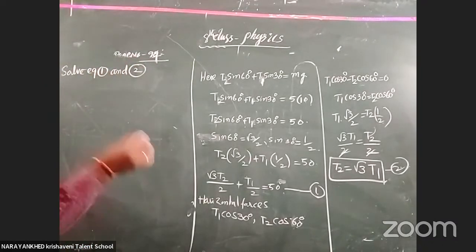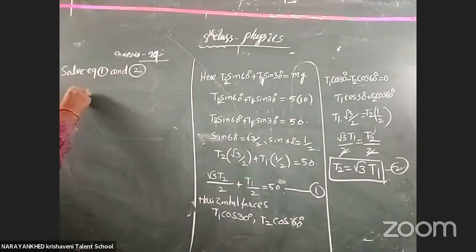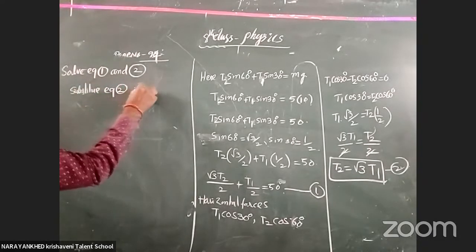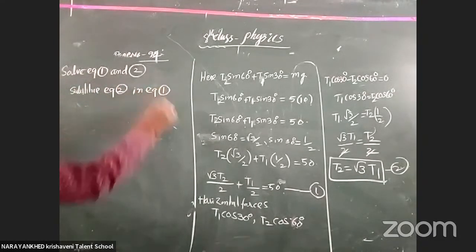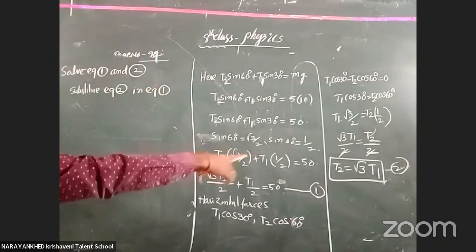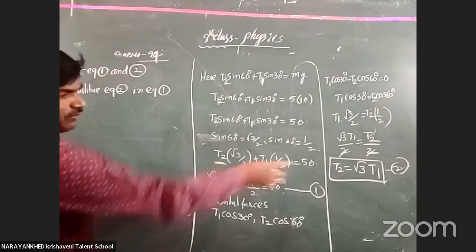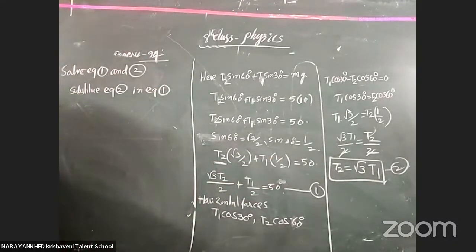Suppose we first substitute equation 2 in equation 1, where in the place of T2 you have to substitute root 3 into T1. In the T2 place, what you have to substitute? Root 3 into T1.